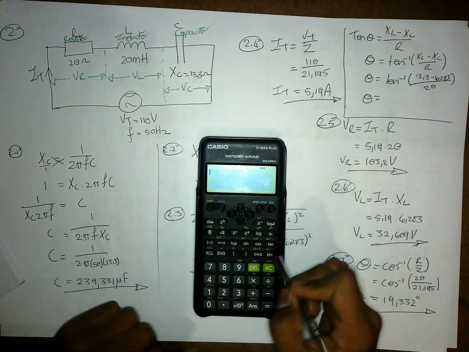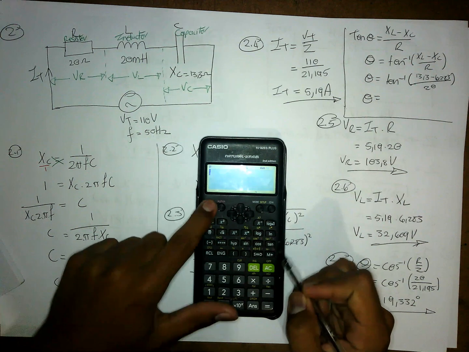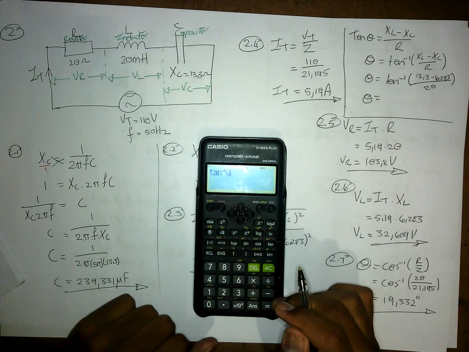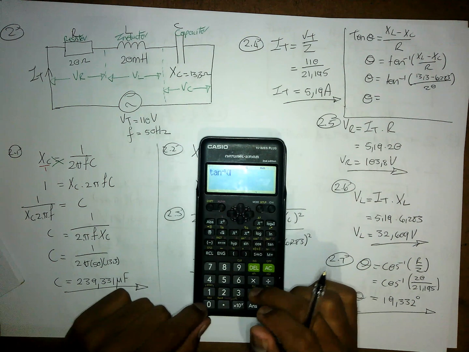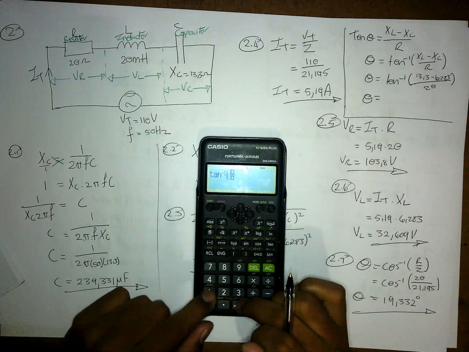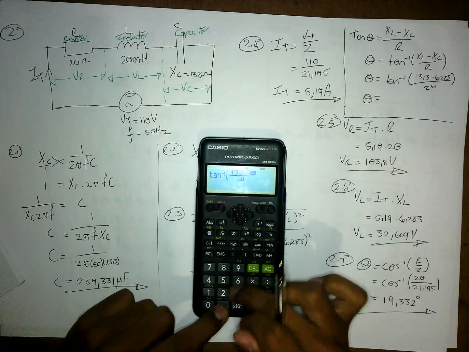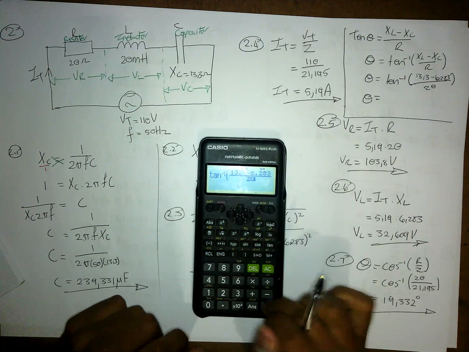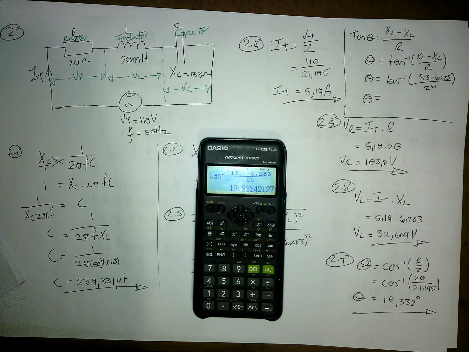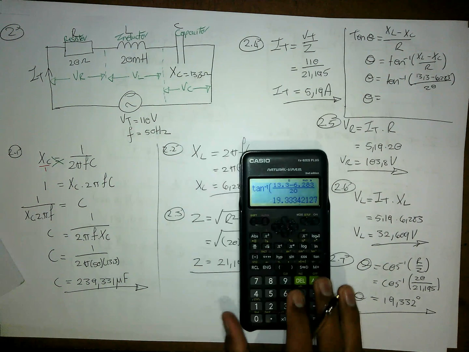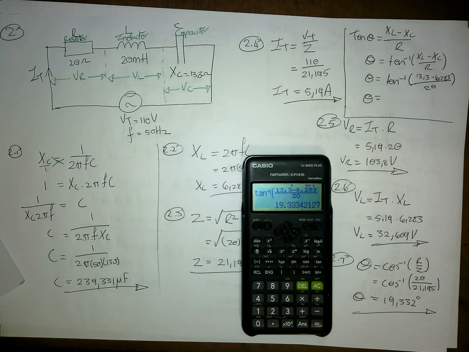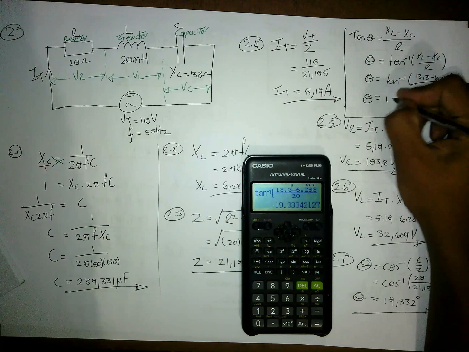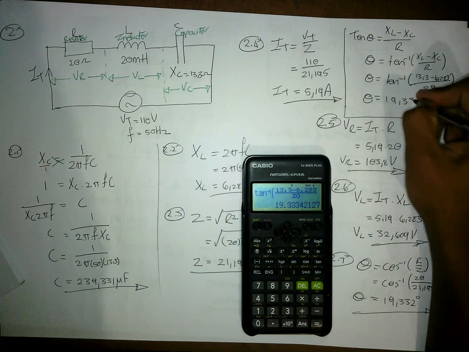So for my second function tan, I'm going to say shift and tan. We have a fraction, so 13,3 minus 6,283 over 20. Yeah, we get the same answer. Could you see it in the calculator? We have proven you can use it.